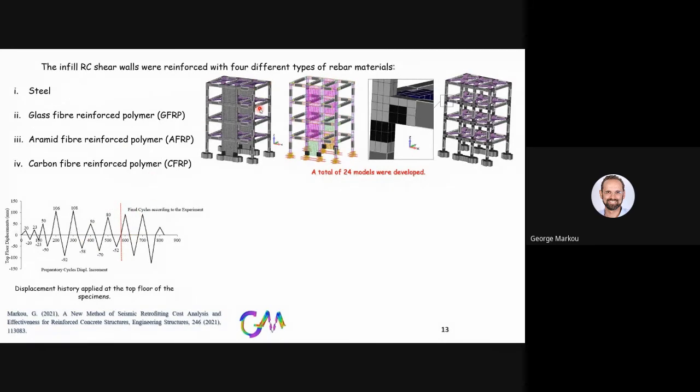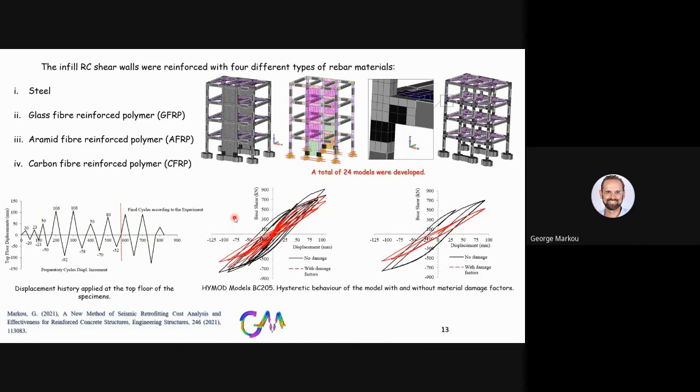Of course, similar displacements lower in magnitude were applied at first, second, and third floor as well, according to the experiment. So the idea was to initially damage, in this case, the specimen, the structure, and then apply, let's call them these final cycles, in order to see how and to what extent our retrofitting strategies help and strengthen the overall mechanical response of the structure.